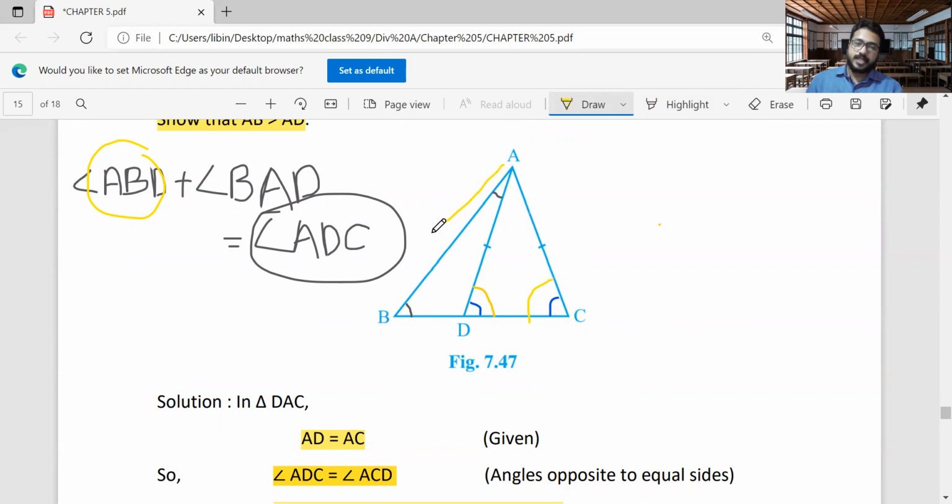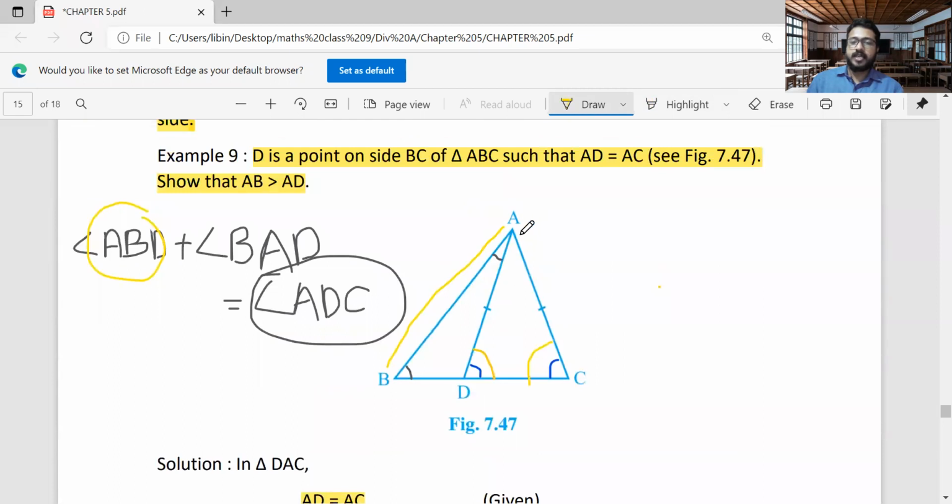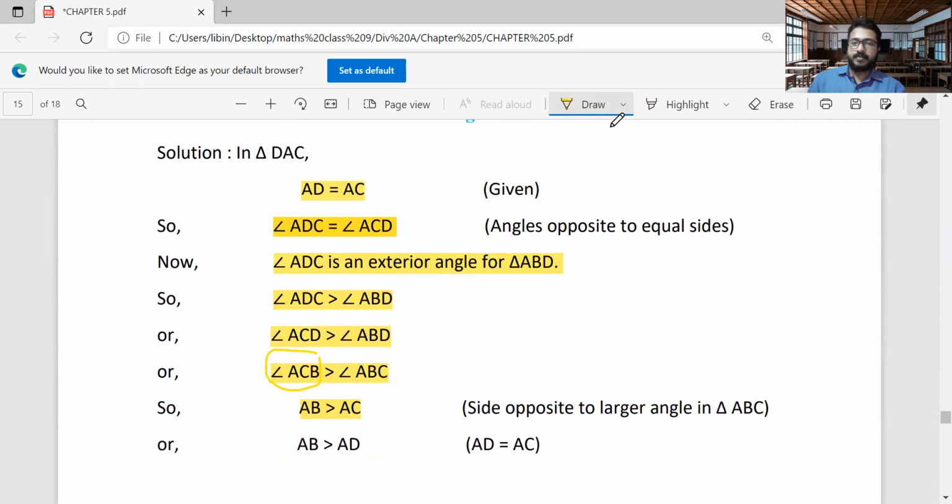We can see that it is the side AB. So we can write AB is greater than... What is the side opposite to angle ABC? That is the side AC. So clearly we can say that AB is greater than AC.